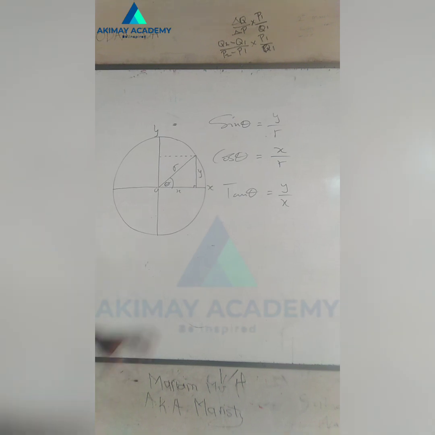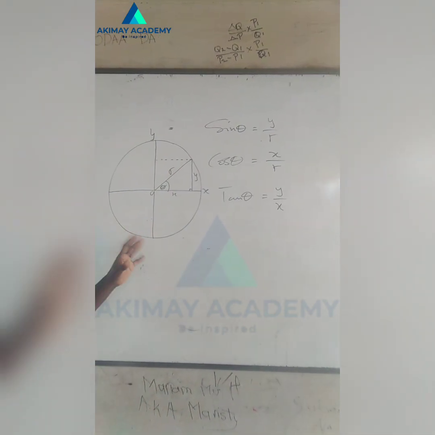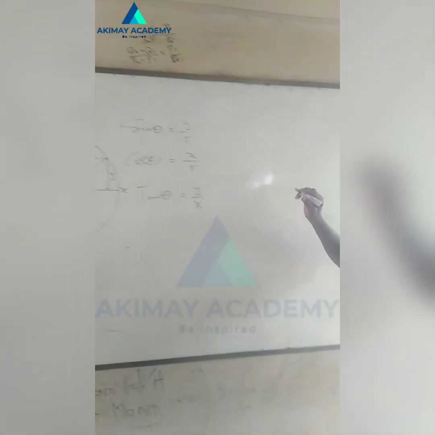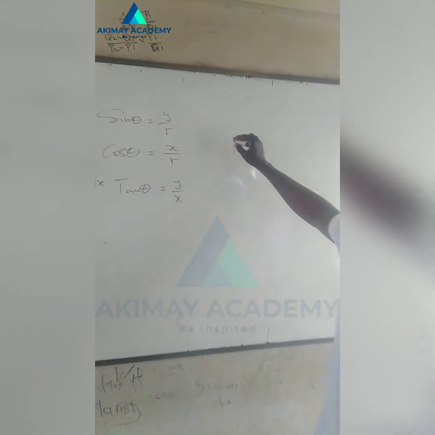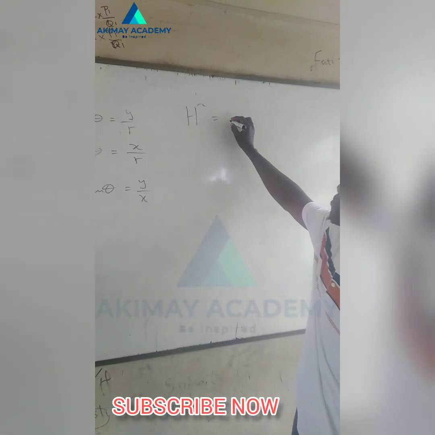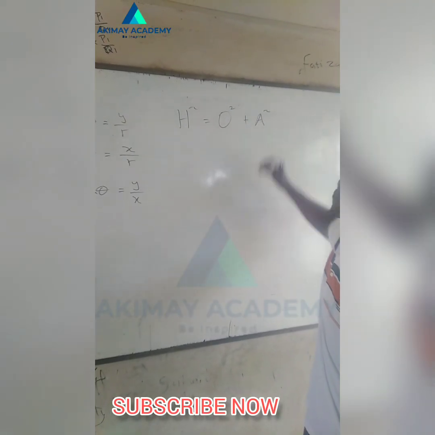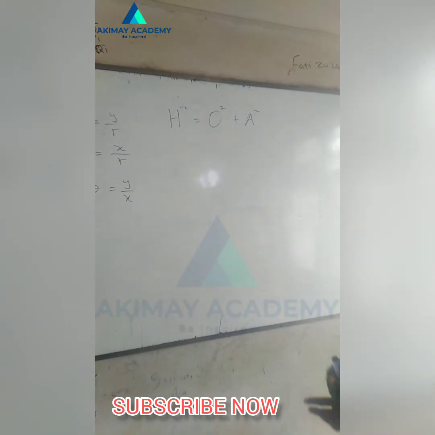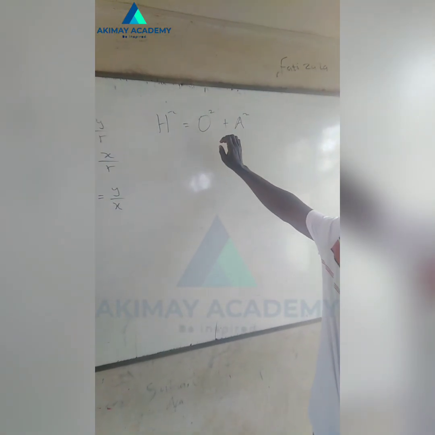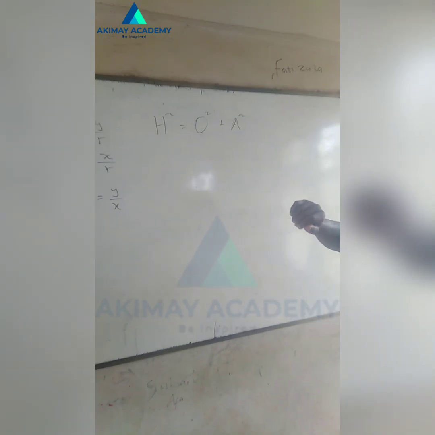Now, from this triangle, we know of another theorem, which is the Pythagorean theorem. From the Pythagorean theorem, we know that hypotenuse squared equals opposite squared plus adjacent squared.